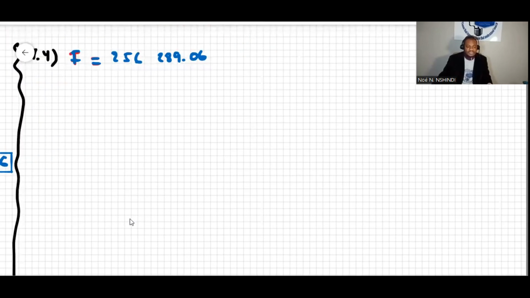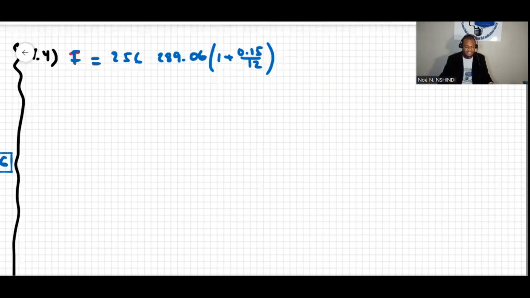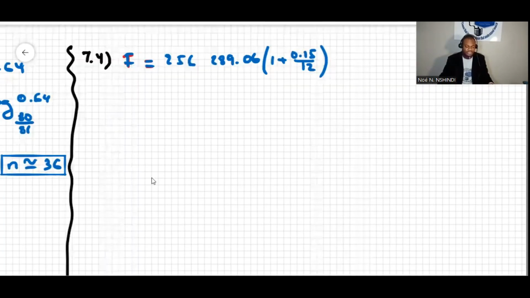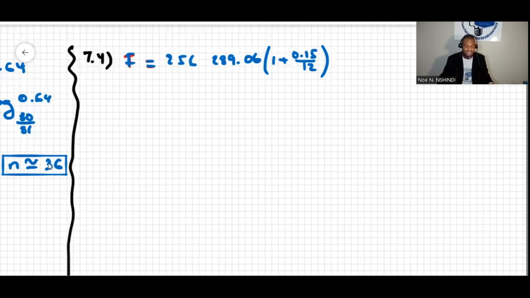Open brackets, and then here it's 1 plus 0.15 over 12. Now for how many months then? Okay, the balance here, we found that n was 36. But now this will be the balance of the installment after the 35th payment was made. So this will be to the power of 35.